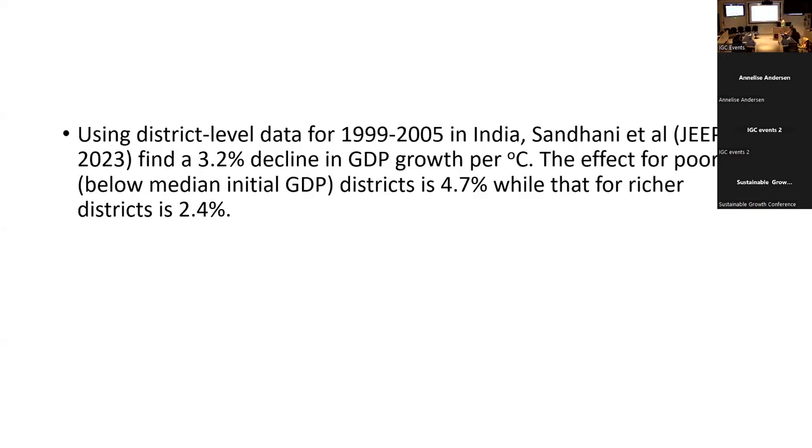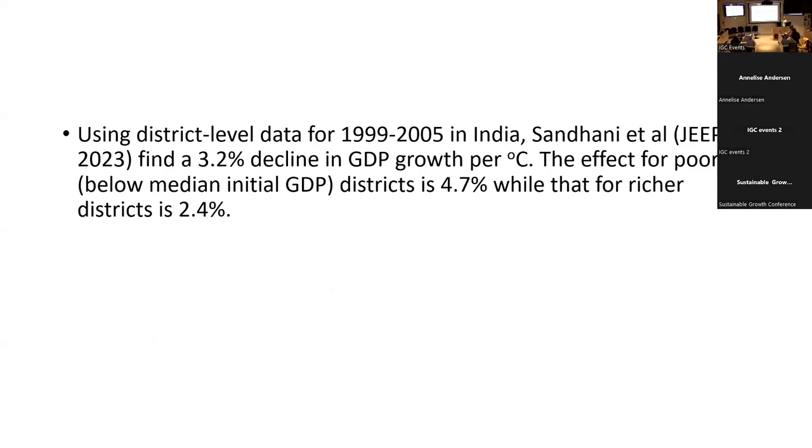There's another paper that disaggregates further, using district level data. They only have a few years, but they find a 3.2% decline in GDP growth per degree Celsius.